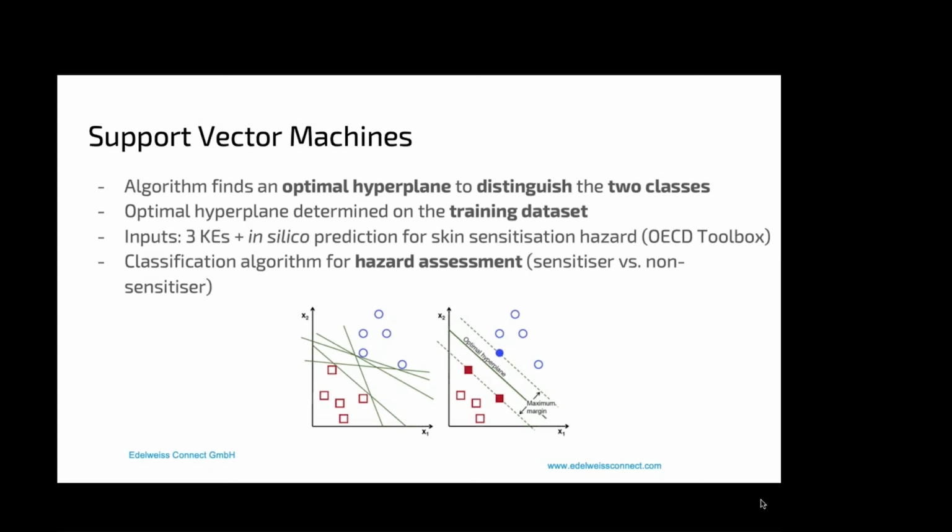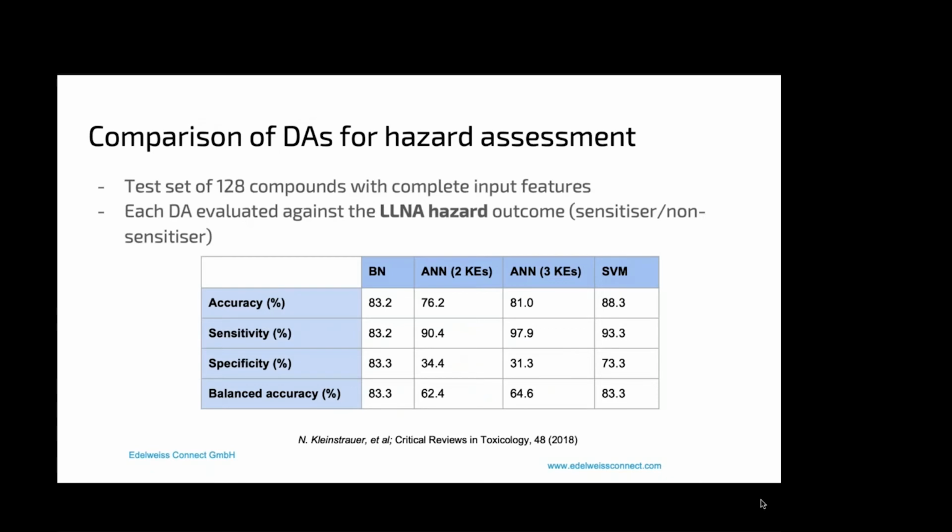Next I have a brief comparison of these different approaches. First, if we compare how they perform for the LLNA hazard, we can see that they have comparable performance if we look at the accuracy.